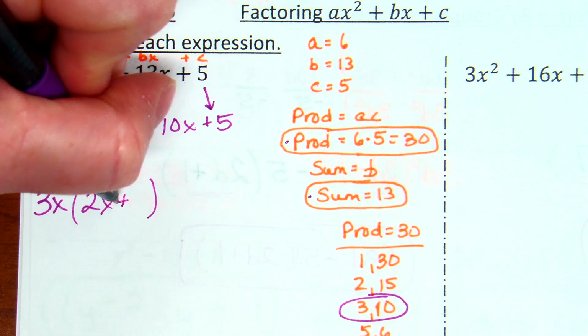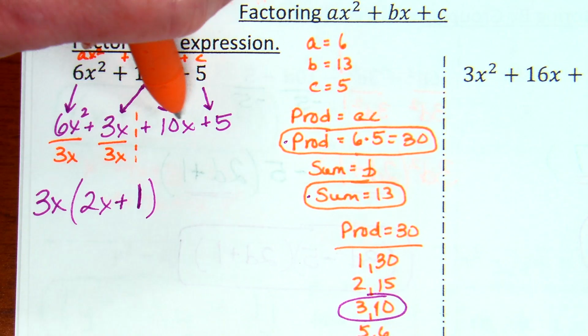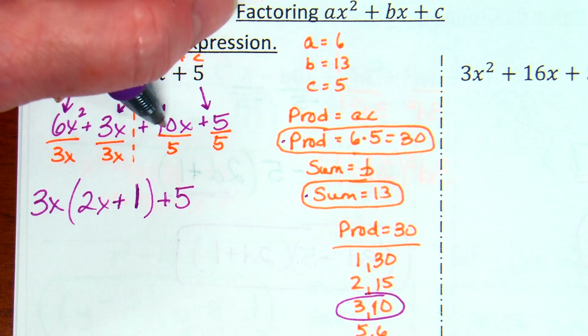Okay. So this time, what do my 10x and 5 have in common? They both divide by 5. Do they both divide by an x? No. So now, since they both divide by 5, we're going to put a plus 5 here. 10x divided by 5 is 2.